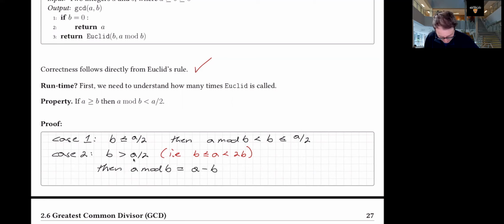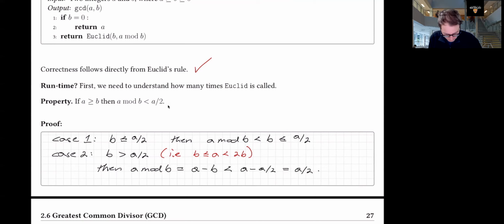So this is less than a minus a over 2, which equals a over 2. So in either case, a mod b is less than a over 2, which is the result.